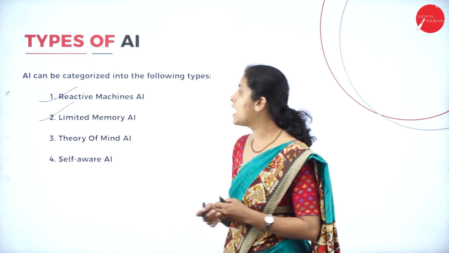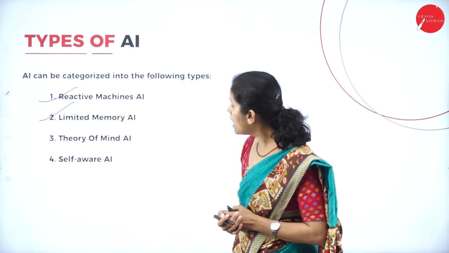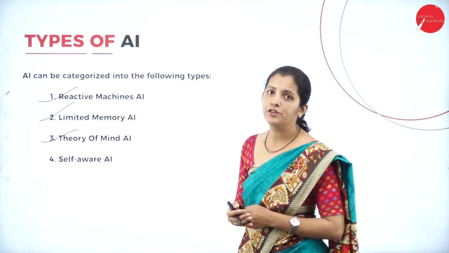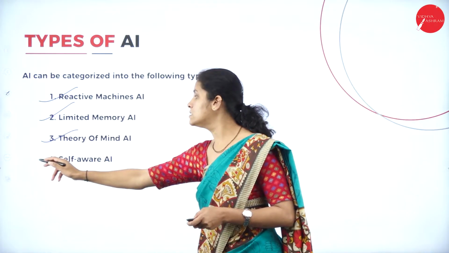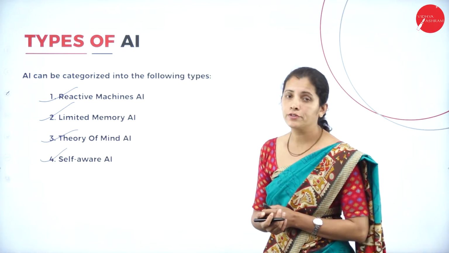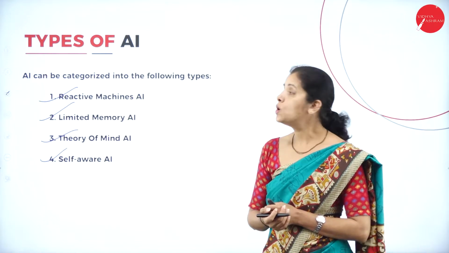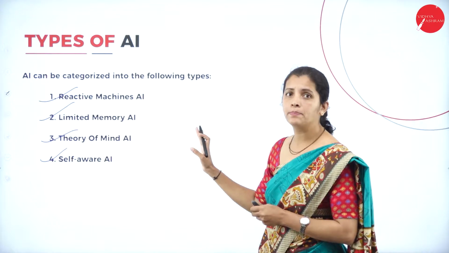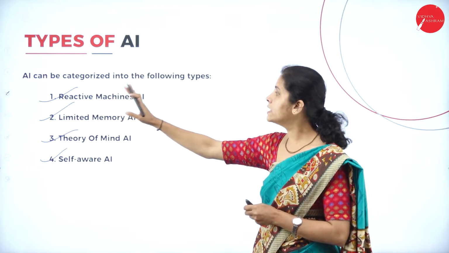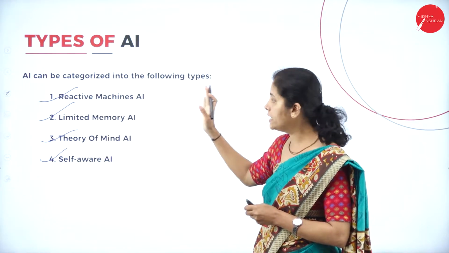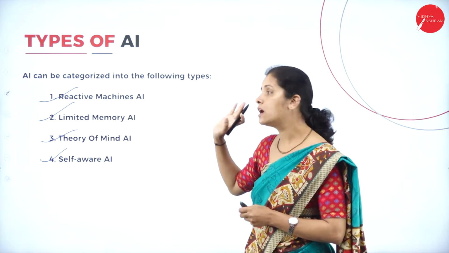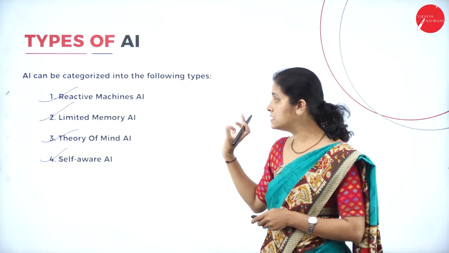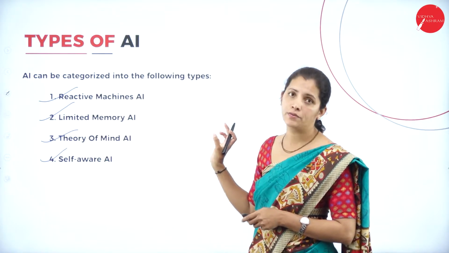Then limited memory artificial intelligence, theory of mind artificial intelligence, as well as self-aware artificial intelligence. So, how many types of AI do we have? 4 types: reactive machine, limited memory, theory of mind, and self-aware artificial intelligence.